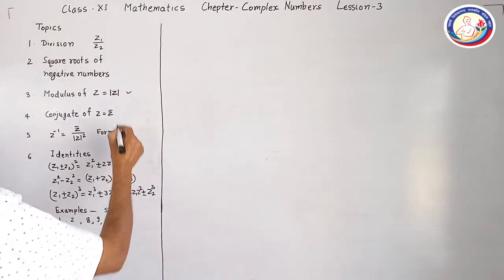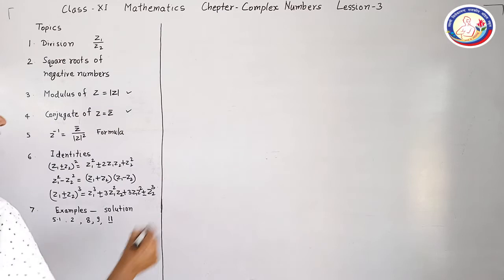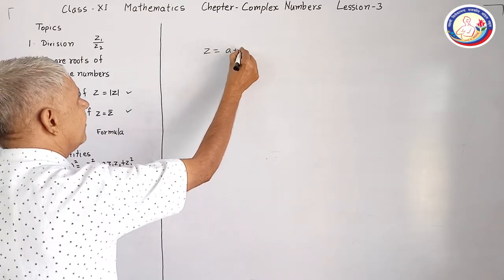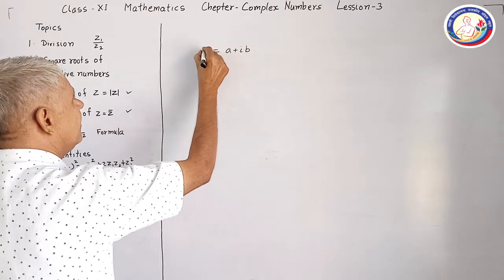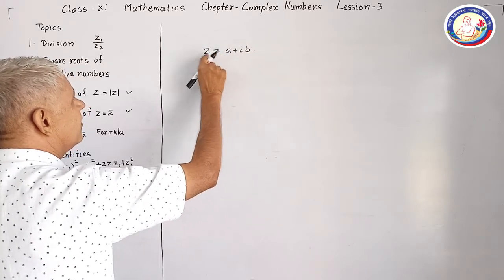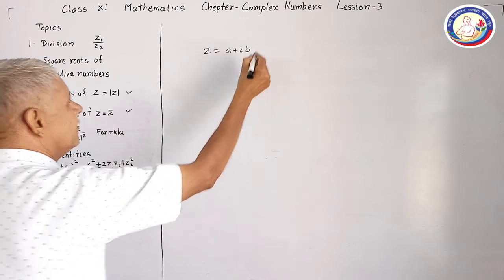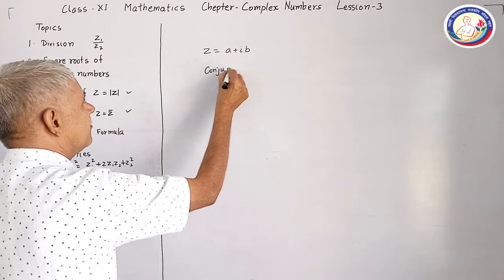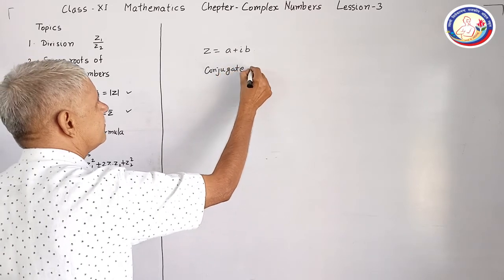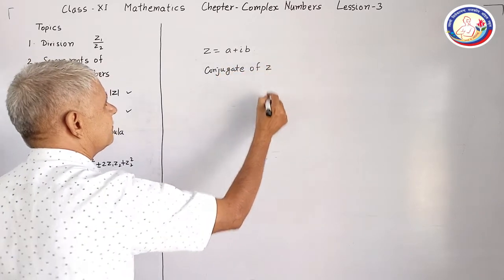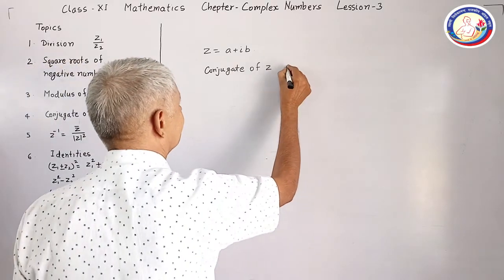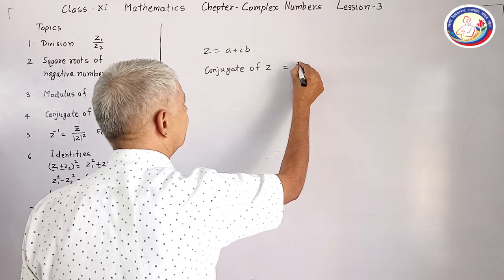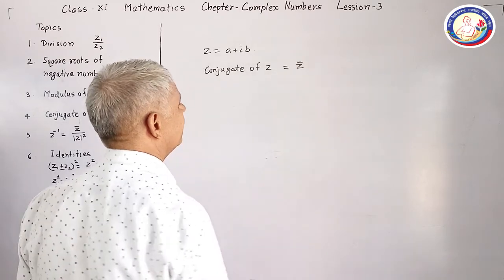Now we come to the conjugate of z. If z is a number a plus iota b, its conjugate is denoted by z bar. We draw a line segment over z.